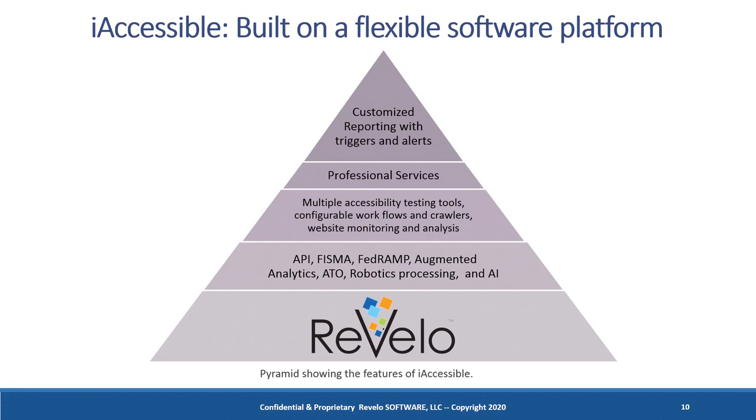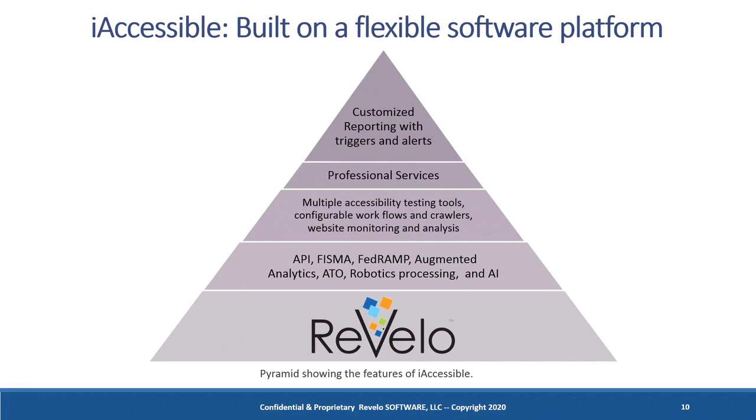In addition to that, we also offer through Revelo the ability to configure your workflows for manual testing. You can also configure your website monitoring and analysis, and incorporate your crawlers, bots, and spiders. And most importantly, you can use multiple accessibility testing tools using Revelo.